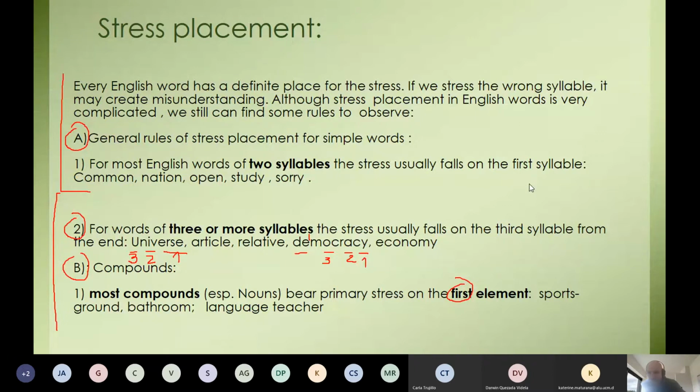Katia, give us your 4 words and tell us which is the rule that they are following, please. The first rule, I can find the word nation.